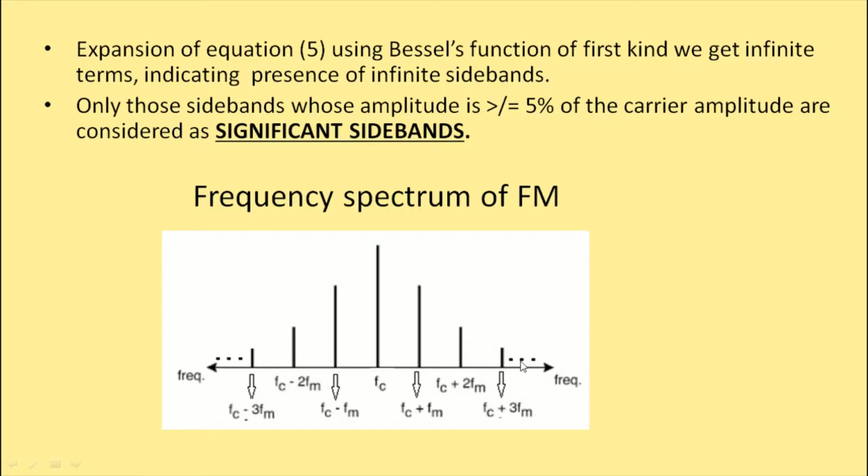So as we move to the 10th sideband or 11th sideband or 20th sideband and so on, the amplitude keeps decreasing further and further. And there is no point in transmitting all these sidebands which have negligible amplitude. So we consider only those sidebands whose amplitude is greater than or equal to 5% of the carrier amplitude, and only those sidebands are transmitted.